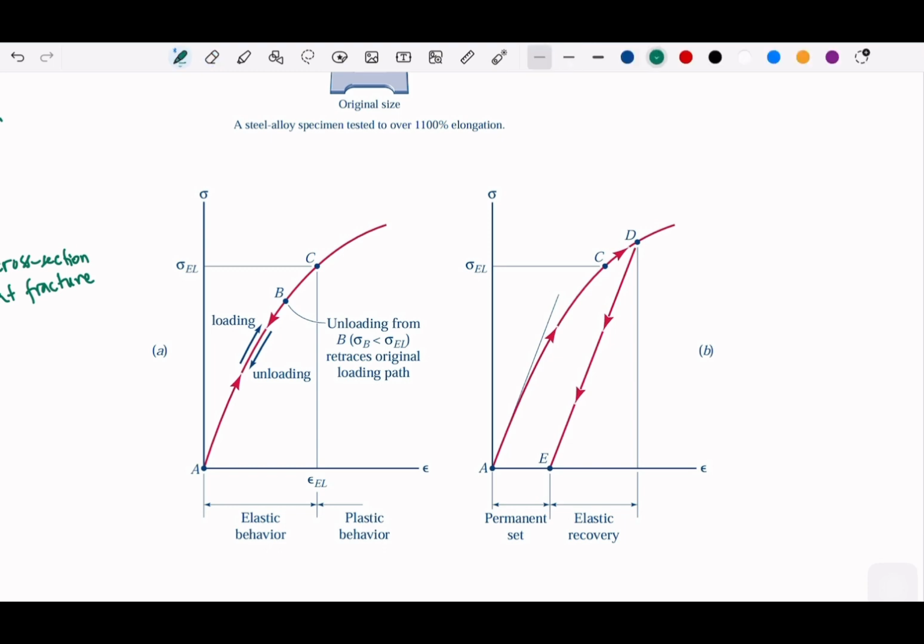So before the stress at the elastic limit, the material can go back to its original shape.